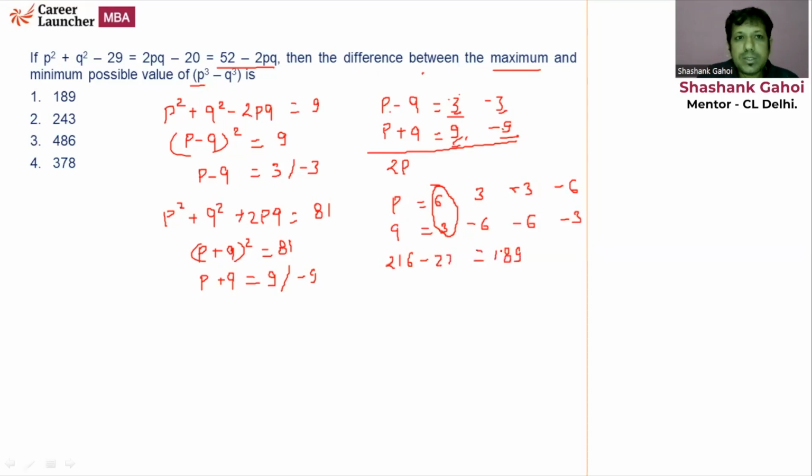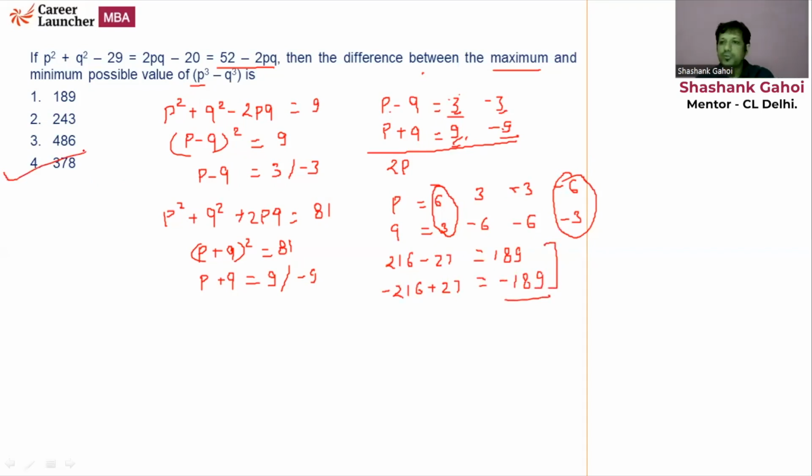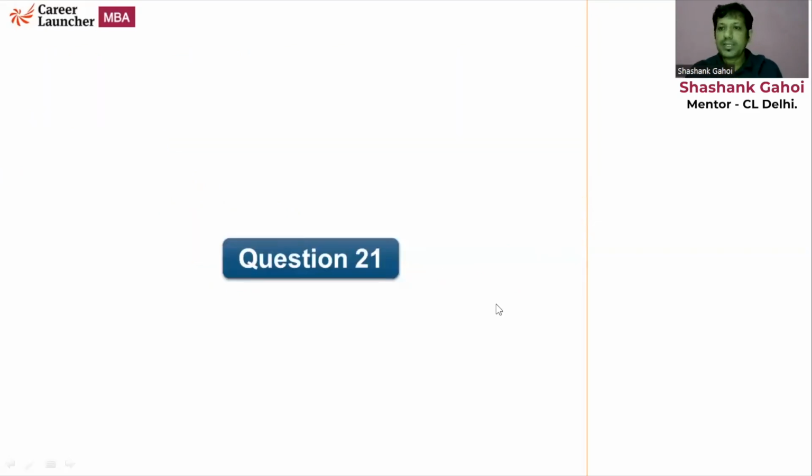The second case is where I minimize p, that is minus 216 plus 27, so this comes out to be minus 189. The difference of these two numbers is going to be 378. So my answer of this question is option 4, that is 378. Fair enough, pretty doable one. Let's start question number 21.